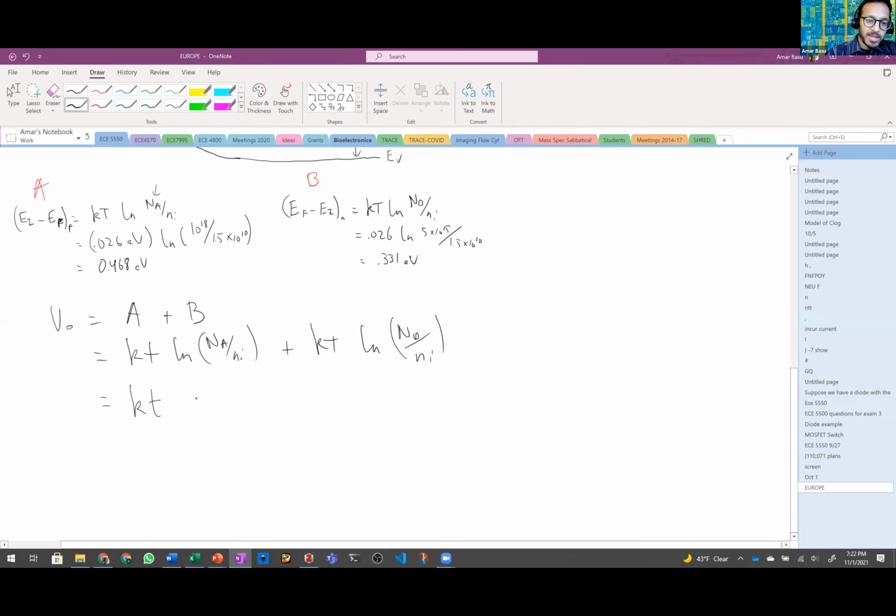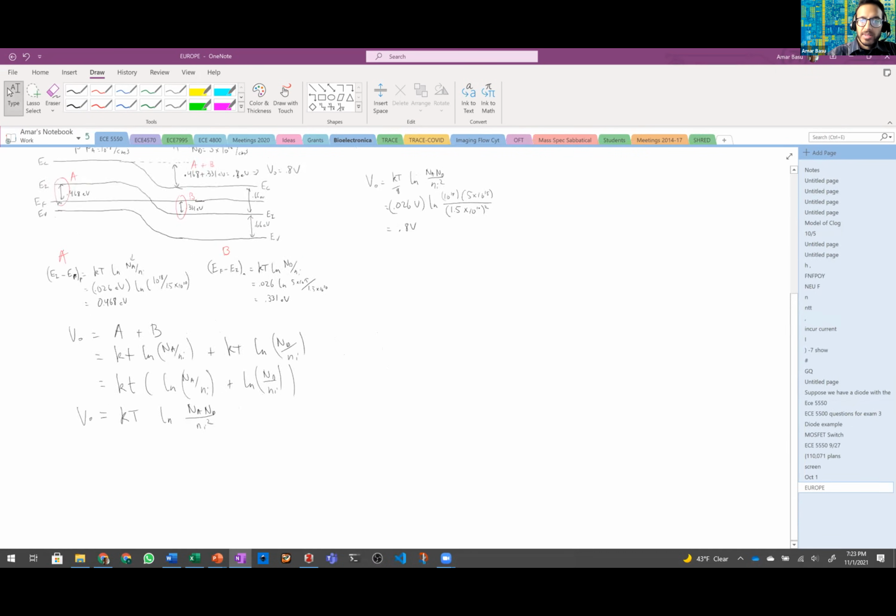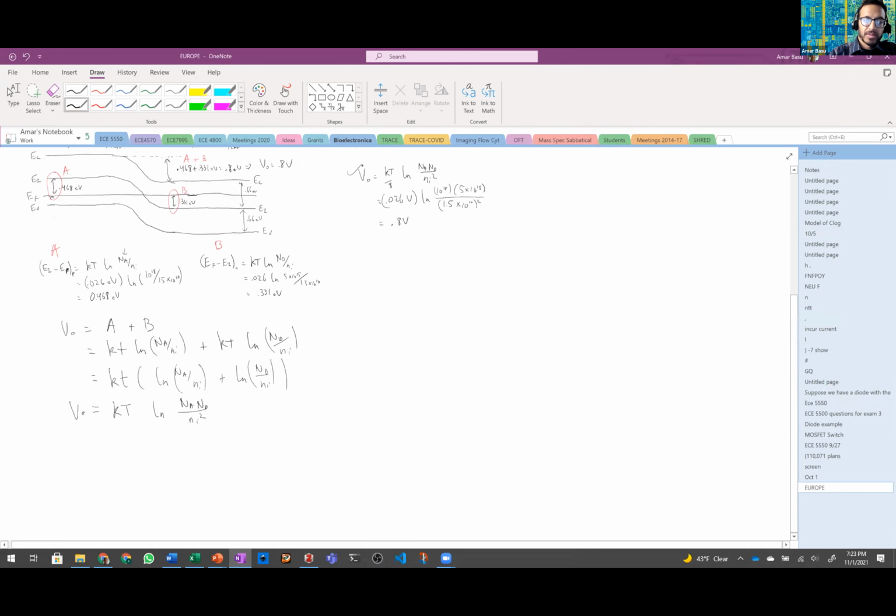So this becomes kT times ln of NA over ni plus ln of ND over ni. When you add natural logs together, the sum becomes one natural log of the product of whatever is inside. So this becomes kT ln of NA ND over ni squared. So you can see that the formula is exactly the same as what you see here. These two formulas are identical.